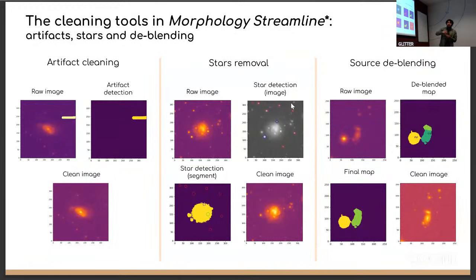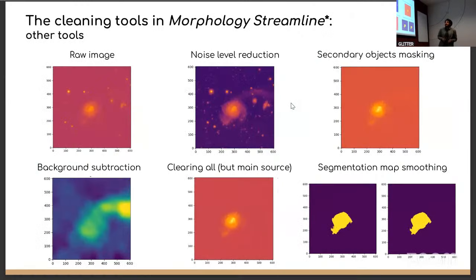It depends on what other surveys have defined as a star. So this is an added step that's really convenient for this. There are other minor tools included in this code, which are, well, all the ones you see here, not really important, but they do help to improve the segmentation and detection in the image.